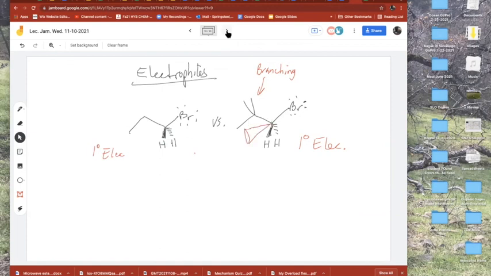Could be a little bigger because it's got less branching there. Stronger electrophile.